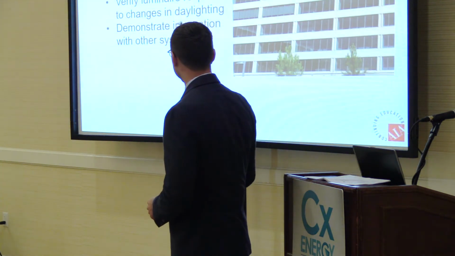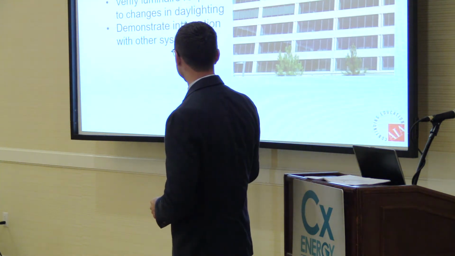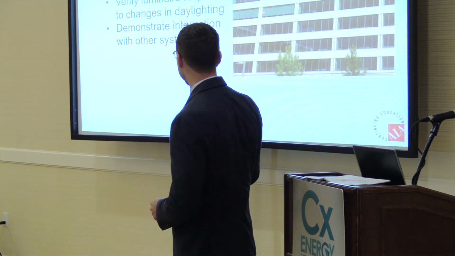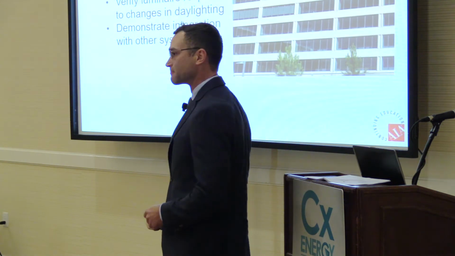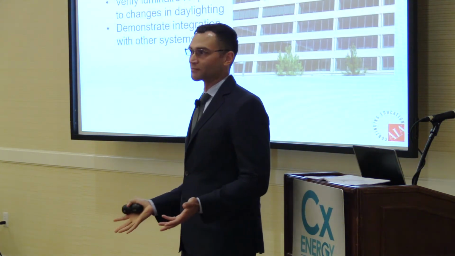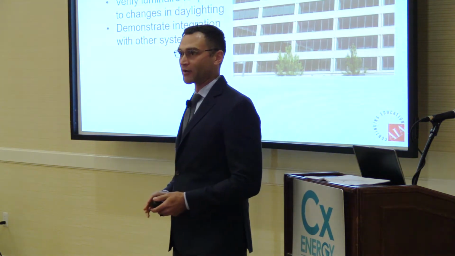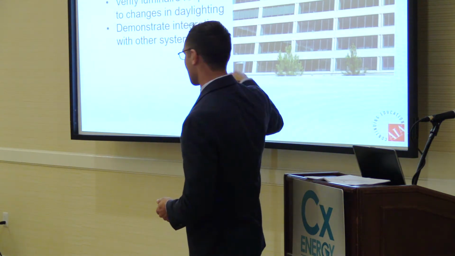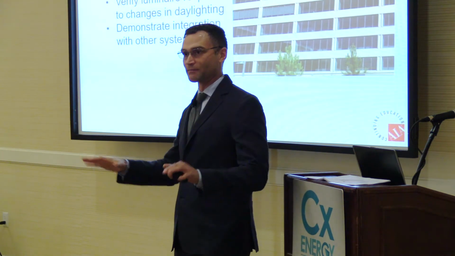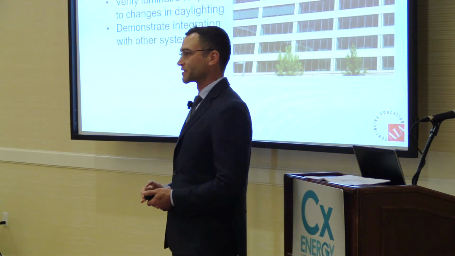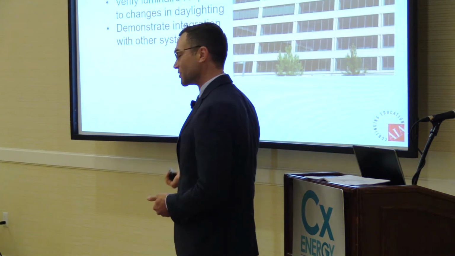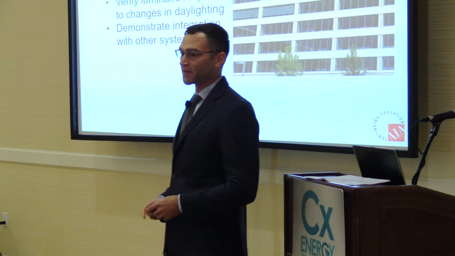So if we're outside this building and we see two, I don't know if you can see in the back of the room, but when these two shades are down and the rest of them are open, you at least ask the question, why are those down? Just a little background, everything behind those windows is consistent, open office space, nothing special about those two windows as opposed to the rest of them.